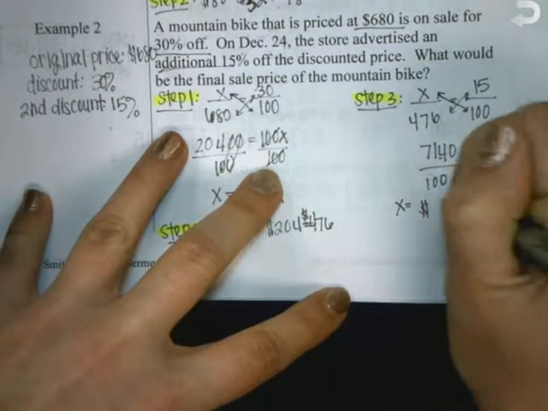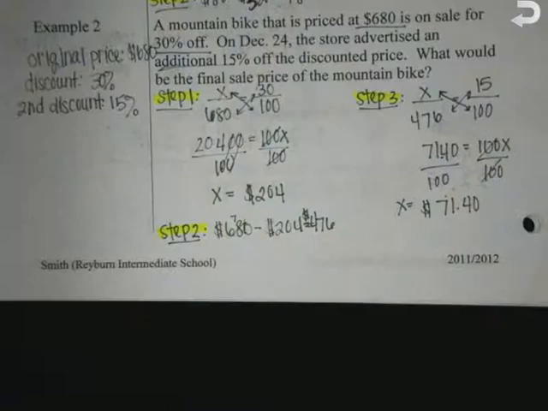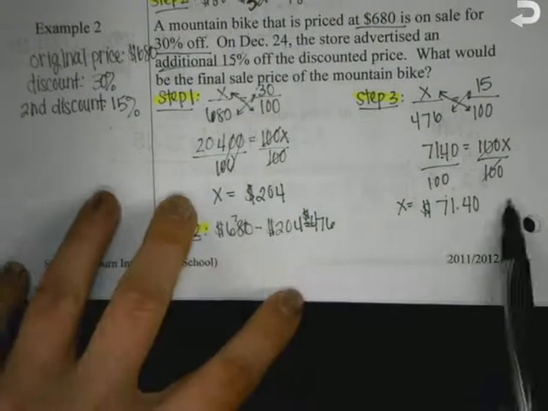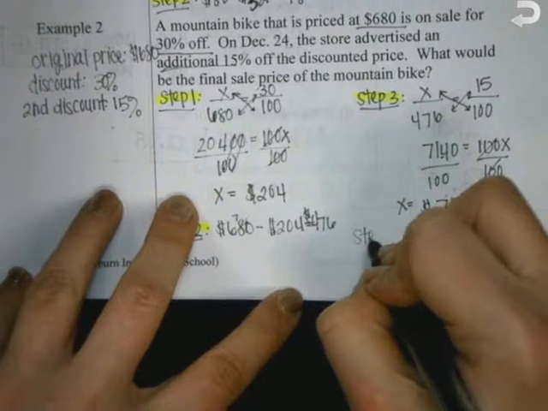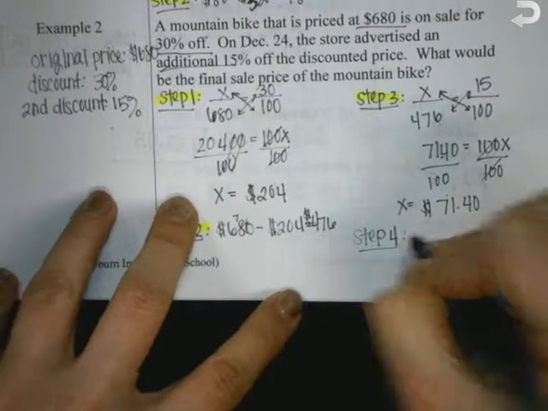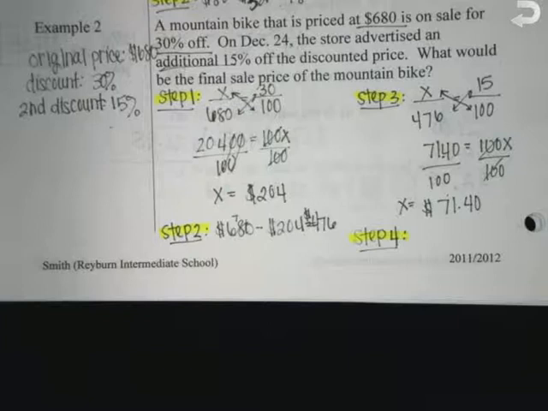So then my last step, step 4, is I need to find my final price. So I take that sale price, $476, and subtract $71.40.